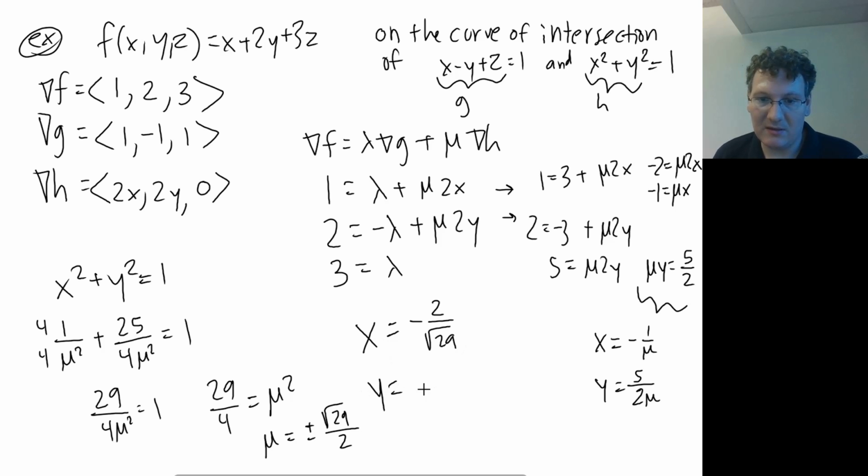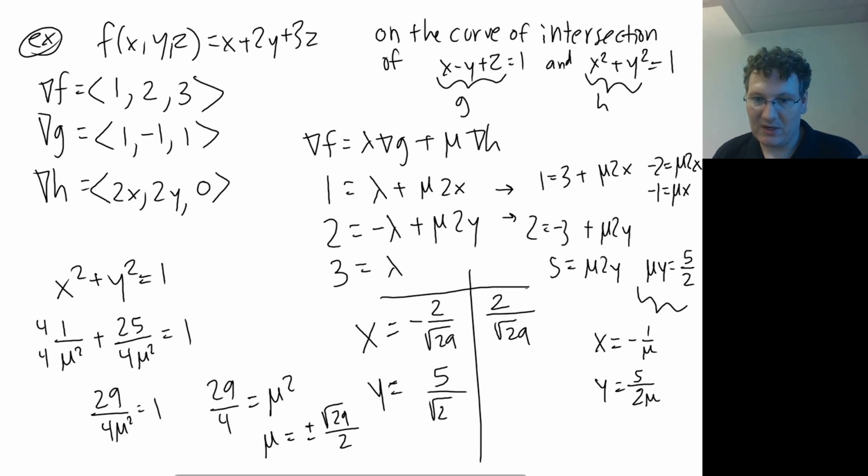y is going to be, well, actually, I should say positive or negative, right? If x is negative, so this is going to be 2 possible values, or 2 over root 29. If you plug in positive root 29 over 2 into this, what we're going to get is, the 2 that's going to 5, we're going to have 5 over root 29 when mu is equal to root 29 over 2, and then we're going to have negative 5 over root 29.